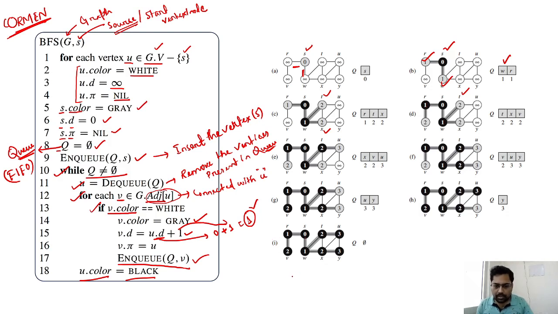But whenever you are writing the BFS, you have to write it on the basis of the updated values. Since we started from S, we are writing S. Either you can write W R, or else you can write R W. Clear now? You can change it because it's up to you. The connected ones will be visited first.